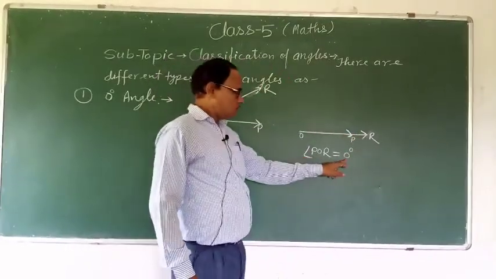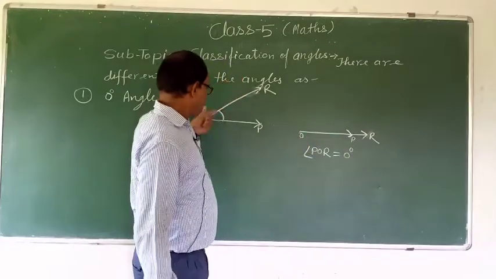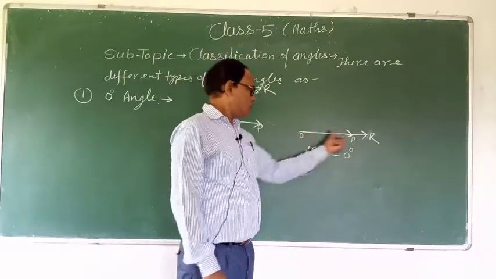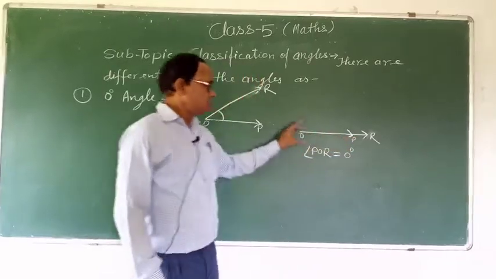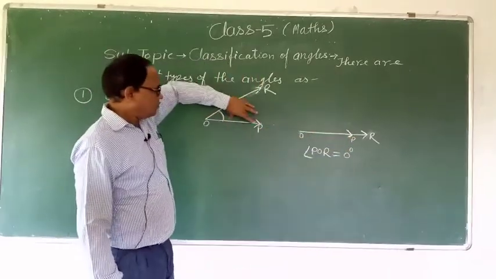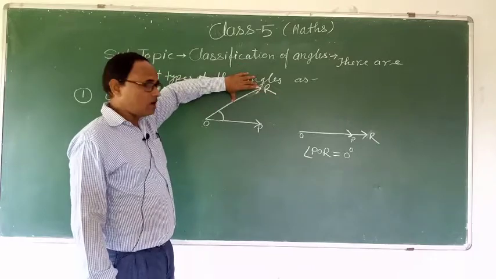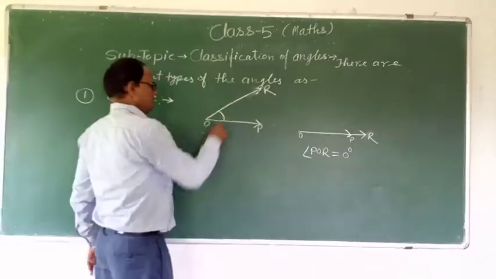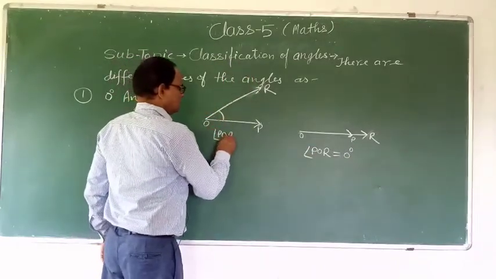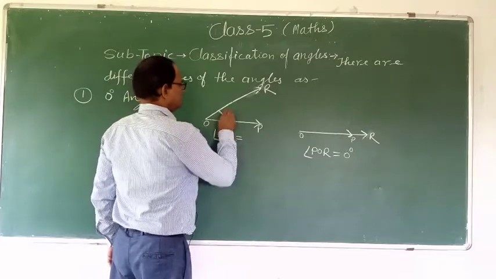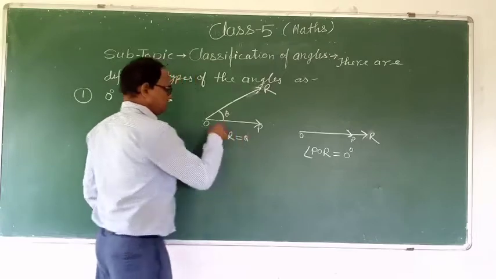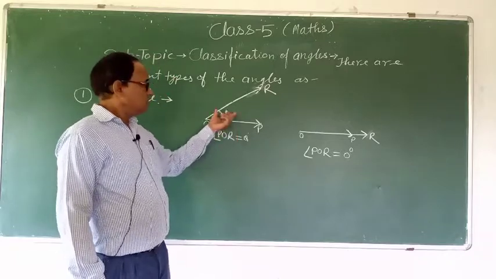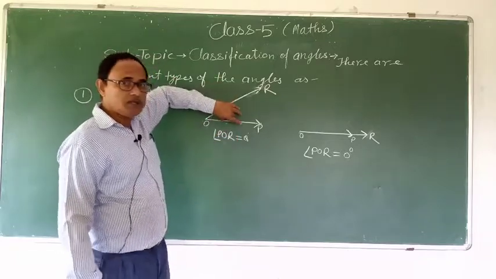Overlap means OP is completely covered by the ray OR. Otherwise, angle POR is equal to theta, which may be any angle, but it is not 0 because OR does not coincide on OP.